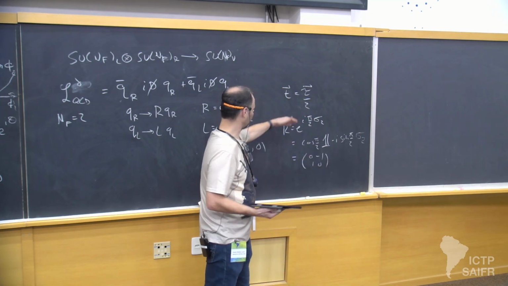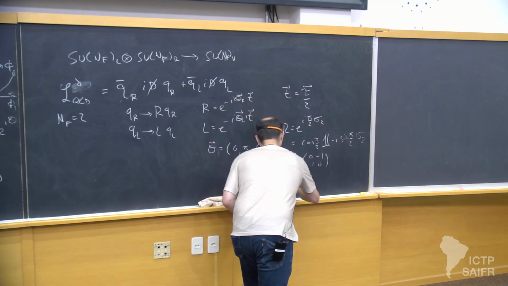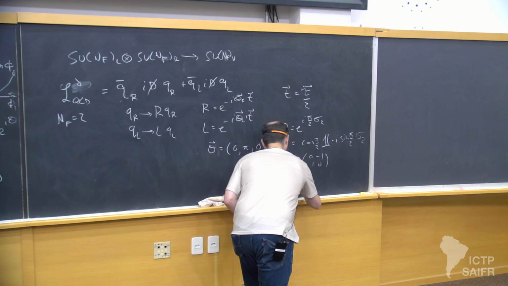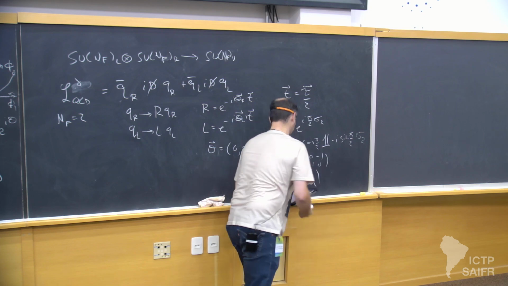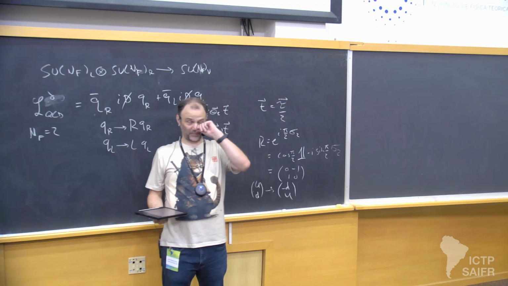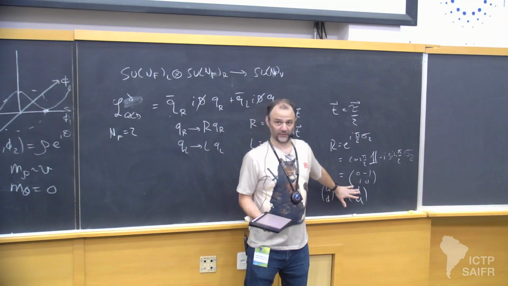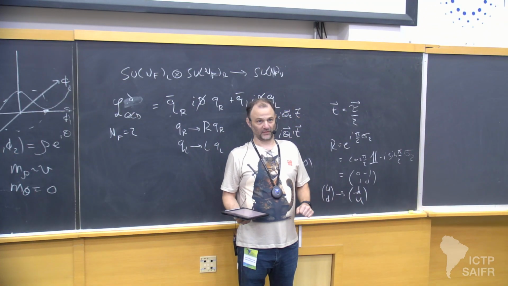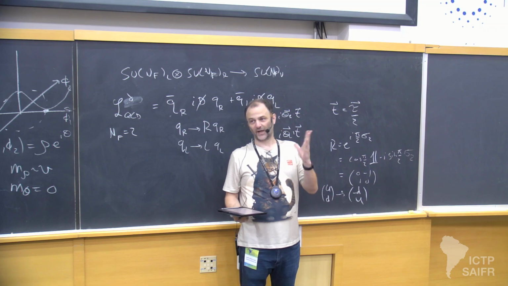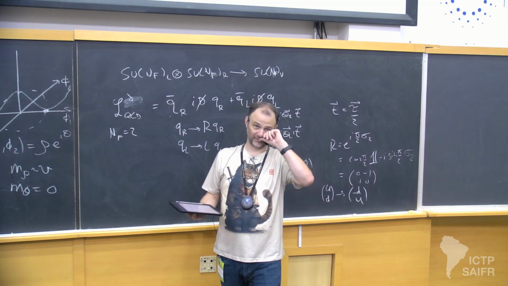So what does this particular rotation do? It takes an up and a down quark and changes it to a minus down and an up quark. So this is a symmetry. If you took every up and down quark in the universe and performed this transformation, you wouldn't be able to tell. Which is a lie, because there are also isospin breaking corrections in the Standard Model.